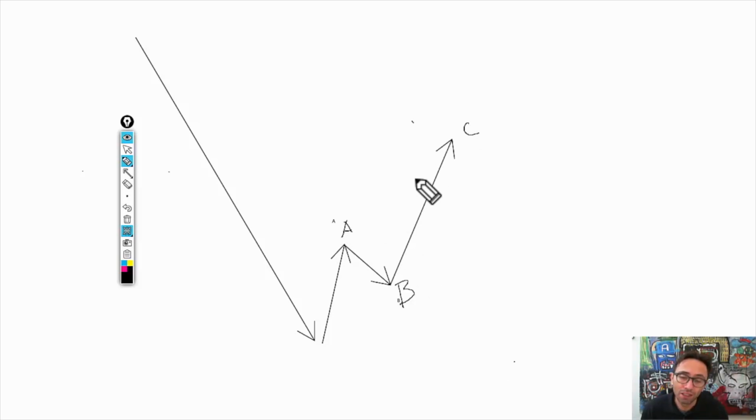The C leg tends to be the same size as A, or between 1 and 1.271 of this leg. This means that I know roughly what to expect on my C leg. So I use Fibonacci extension: I measure this leg, and then I project the leg A from the bottom of the B leg, and I try to understand where this can go, if this is a typical correction.